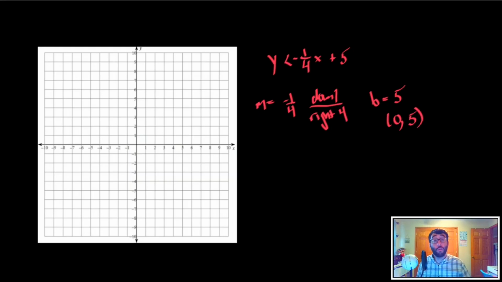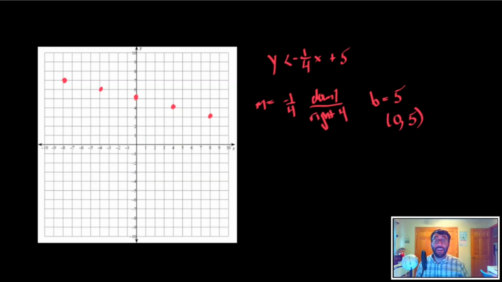So once again, I'm plotting my y-intercept, and I'm now using this slope of -1/4. So I'm going down 1, right 4, down 1, right 4, okay? And now I'm going up 1, left 4 to go backwards just to get some more points over here, okay?